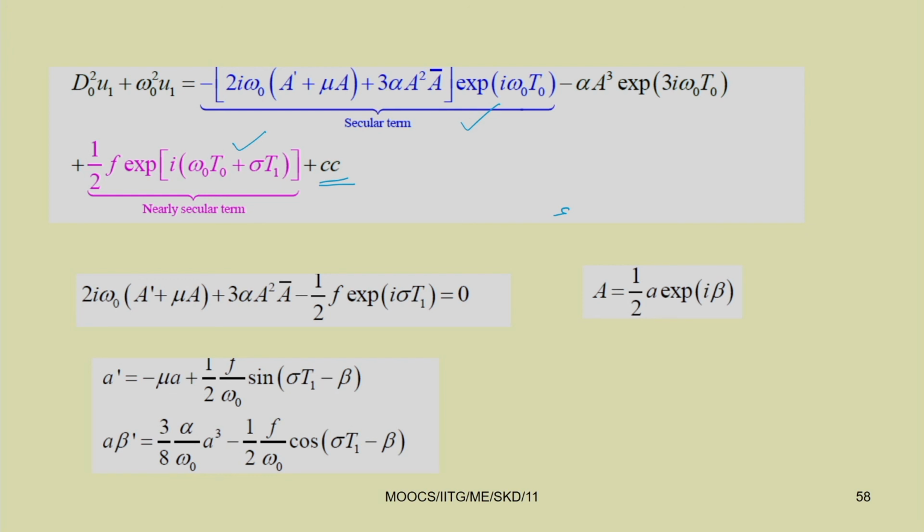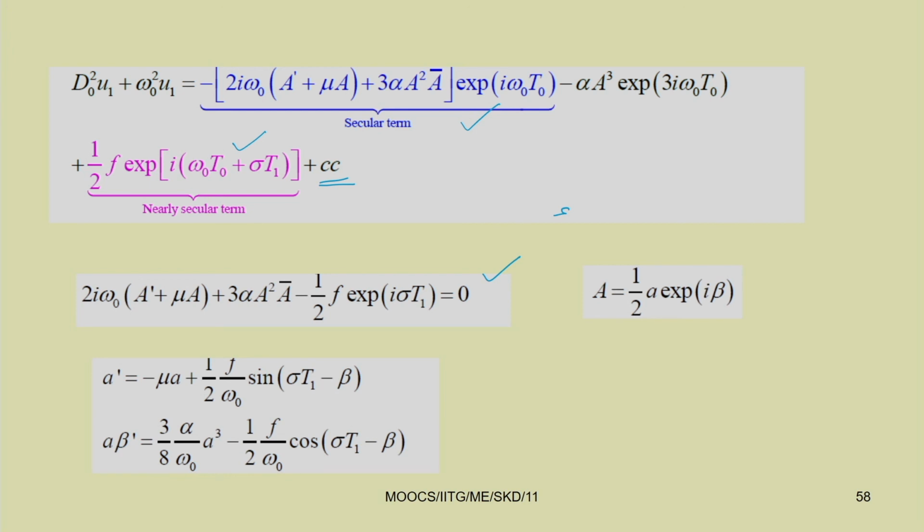Eliminating these terms, we have this expression: 2 i omega 0 a dash plus mu a plus 3 alpha a square a bar minus half f e to the power i sigma t 1 equal to 0.